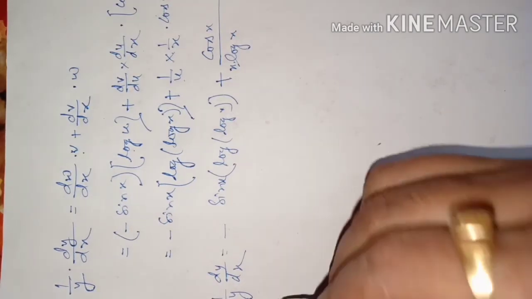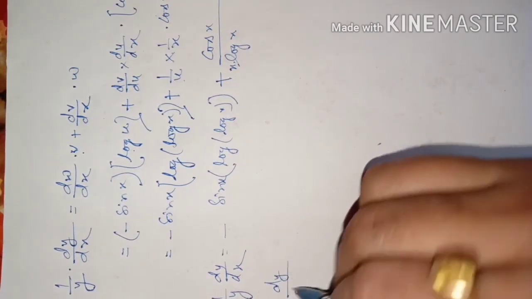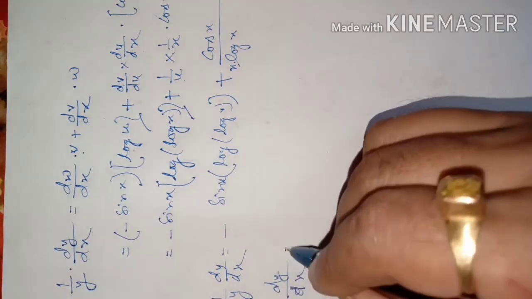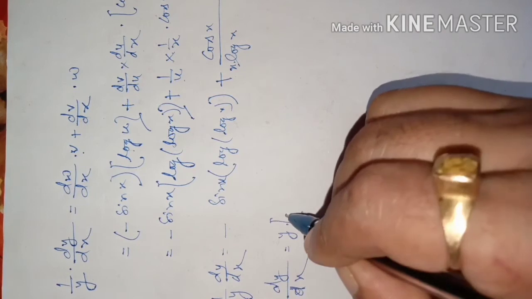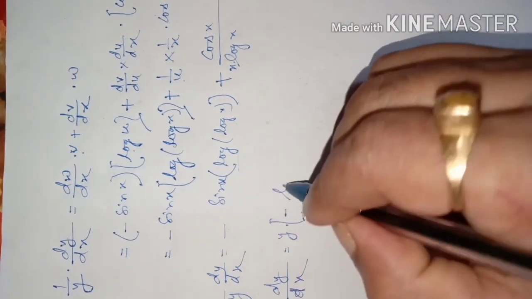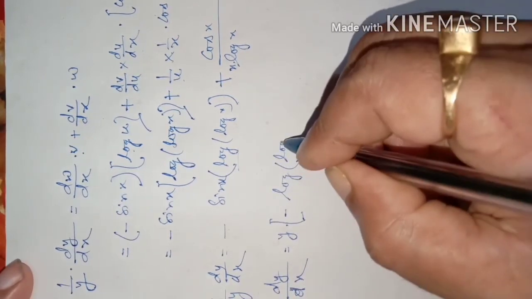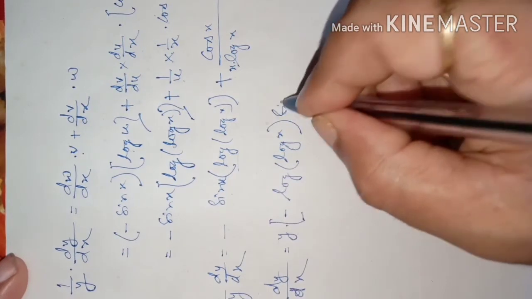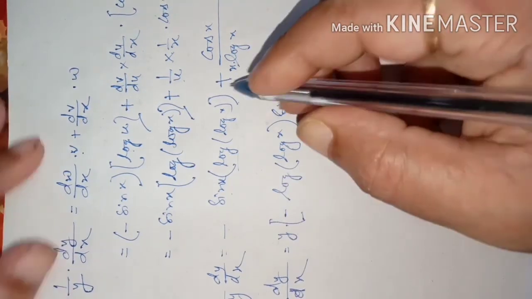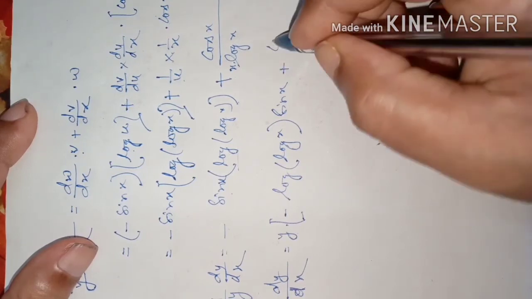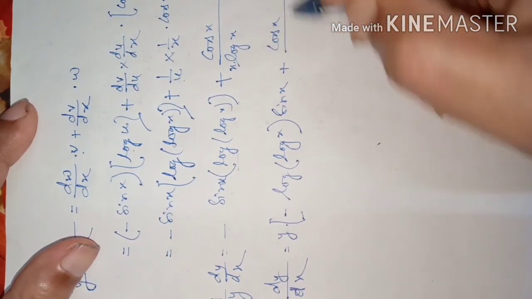But when we write only dy by dx, this y will go to the other side. It equals y into minus, this part you can write in front also, log of log x into sin x, so that there will be no confusion with the expression, then plus cos x by x into log x.